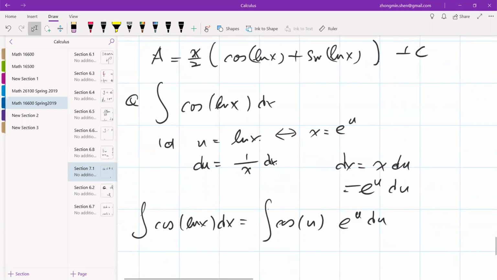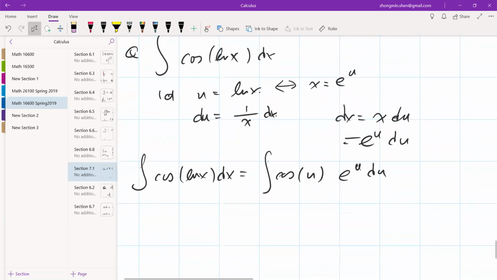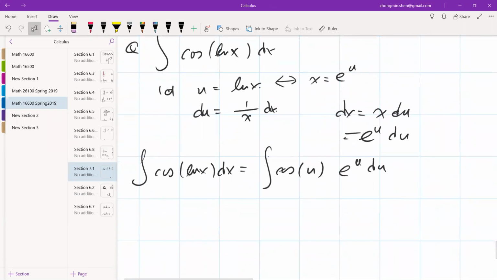But I have a product of two functions instead of a composite of two functions. Okay. So the question is, how can I evaluate this integral? You have to use integration by parts again.